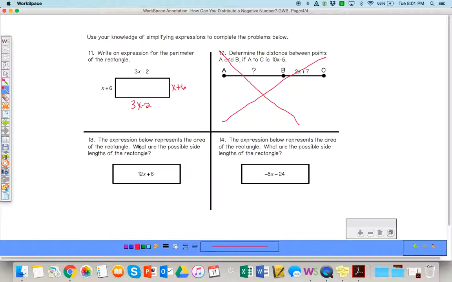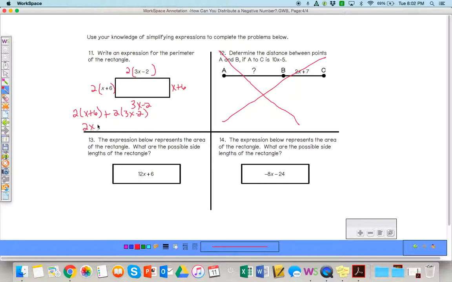Okay, so you could write out a really long expression where you have to combine all of those terms. Or you can say, I need 2 of these and I need 2 of these. So our expression becomes 2(x plus 6) plus 2(3x minus 2).